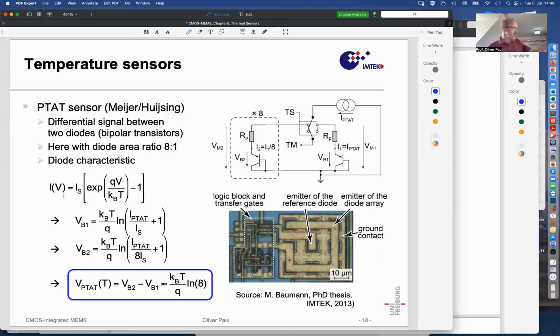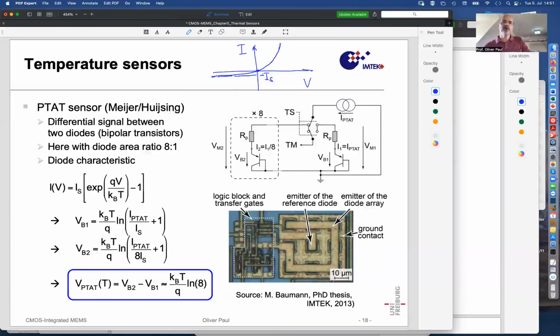So at negative voltages, the current saturates. Let me just draw this, since we're not all electrical engineers. This is the diode characteristic, current as a function of V, and this asymptotic value is minus IS, the saturation current, as it's called.